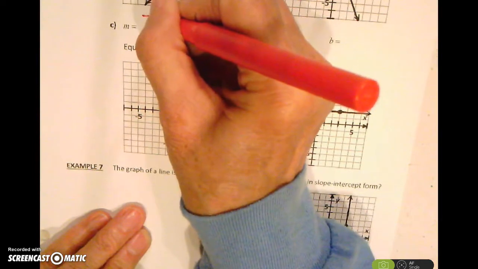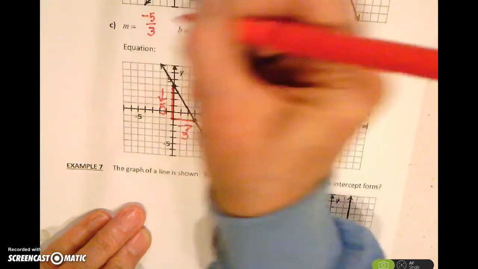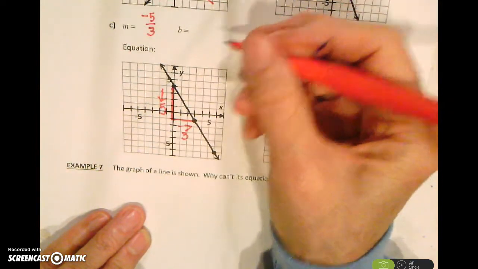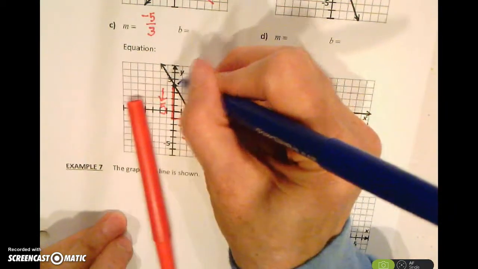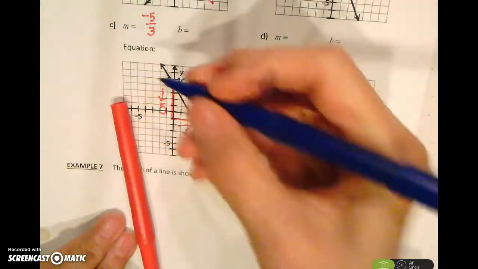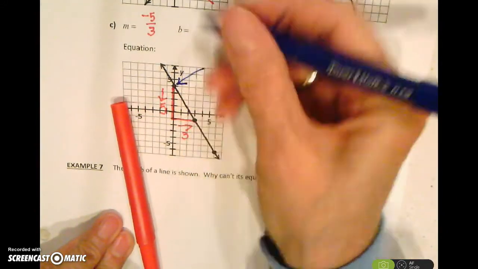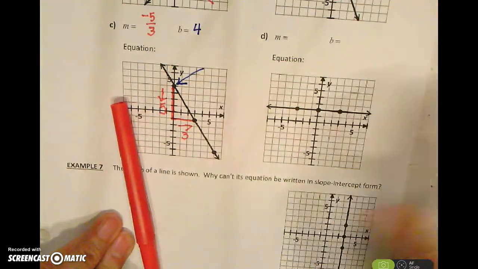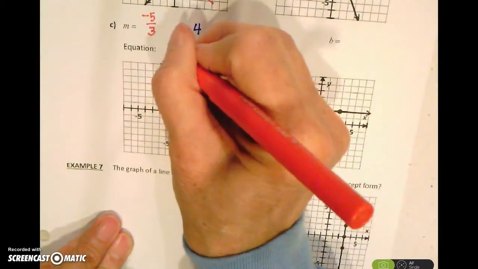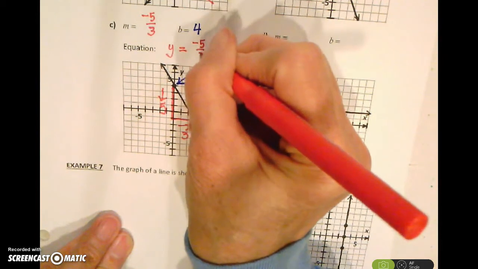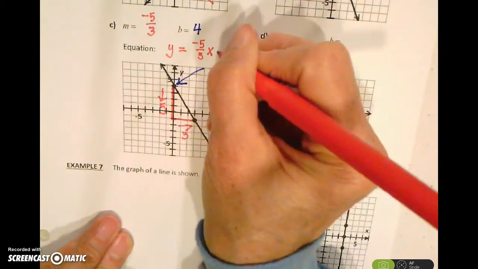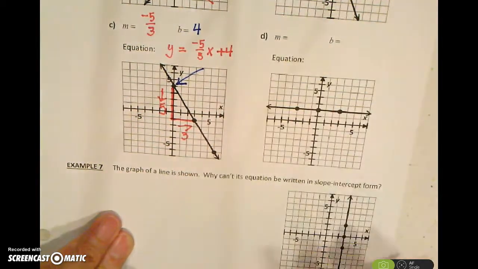So negative 5 over positive 3. And the y-intercept is where it crosses the y-axis, which is this point right here, which is 1, 2, 3, 4. So positive 4. So my equation is going to be y equals the slope, negative 5/3 times x, and then plus the y-intercept.